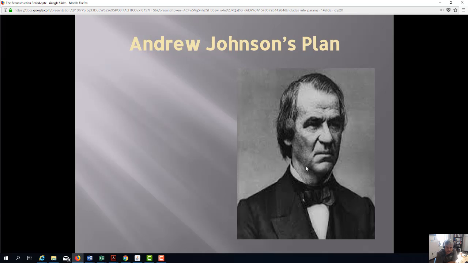A couple of things were working against him. Andrew Johnson was a Democrat, and he was put on the ticket in 1864, as Lincoln comes into his second term. He was a Democrat and a Southerner from Tennessee. He was put on the ballot to demonstrate to the South that, listen, I'm willing to work with you.